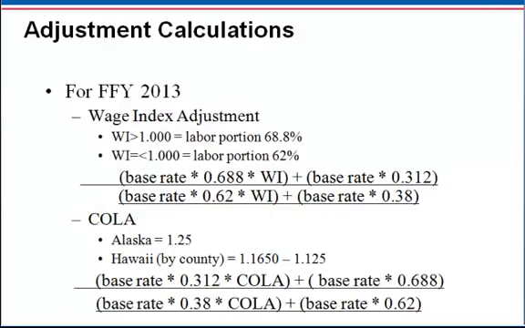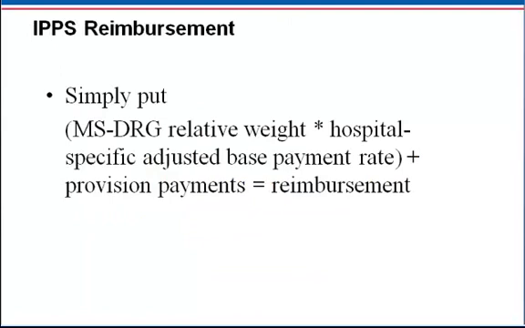So on this screen we have the adjustment calculations. These are some examples for fiscal year 2013. So simply put, we have the relative weight times the base rate plus provision payments. That gets us the hospital reimbursement.